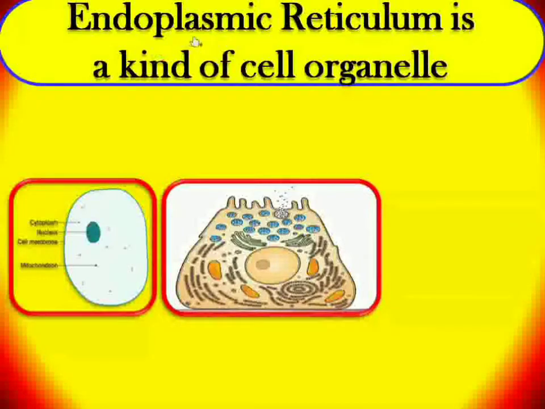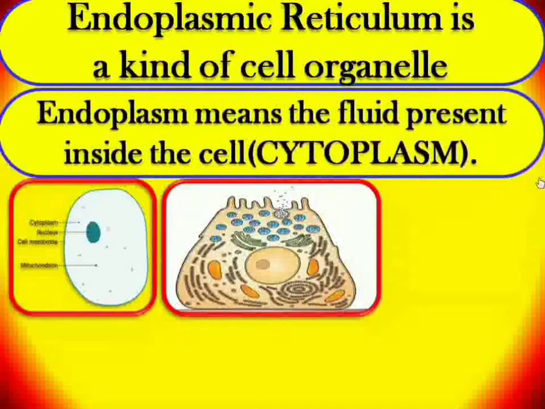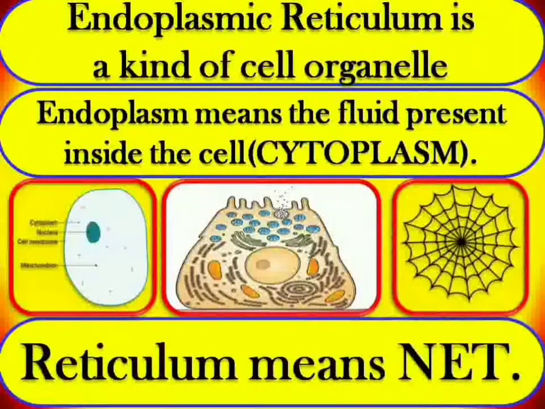Here our endoplasmic reticulum is also a kind of cell organelle. Here endoplasm means the fluid present inside the cell. It is nothing but cytoplasm. Okay. Here endo means inside, plasm means fluid. Endoplasm means the fluid present inside the cell. It is cytoplasm. Then reticulum means net. You can see here a net shape or web shape.